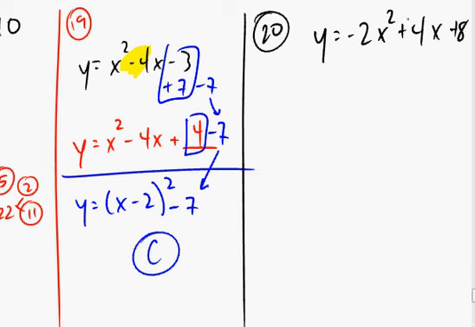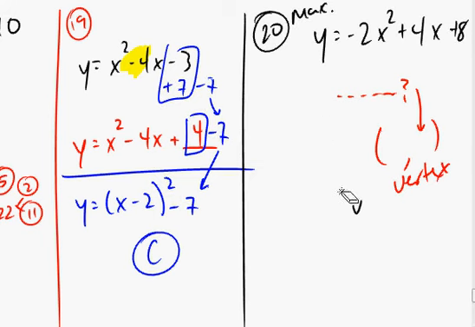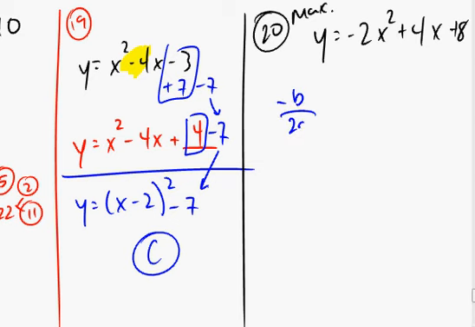Okay, this one says, what's the maximum, right? Maximum means this is an upside down parabola. It points down like this. The maximum is the highest point. It's the y value of the vertex, right? That's the highest y value there is. So you have to find the vertex and then get the y value of the vertex. Negative b over 2a.